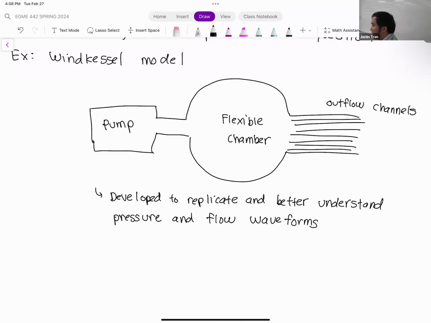And as you can imagine, technology has since come a long way. And so in today's time, a lot of the models that people are interested in researching are computational in nature.